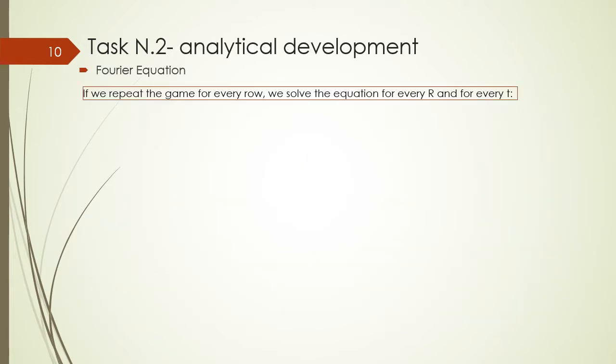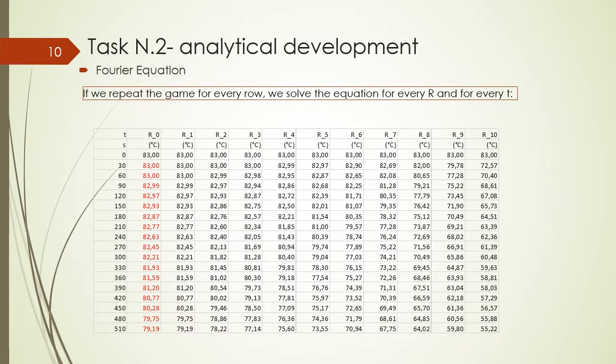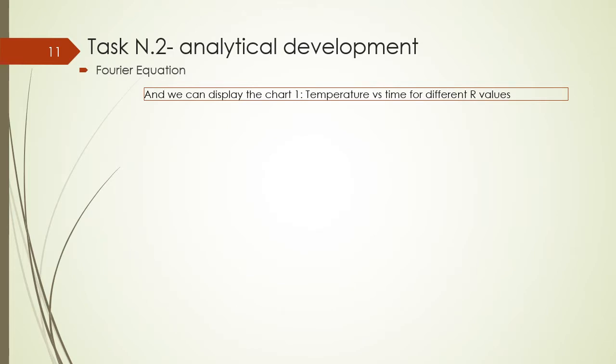If we repeat the game for every row, we solve the equation for every radius and for every time. So we have this table below, and we can display the corresponding charts.